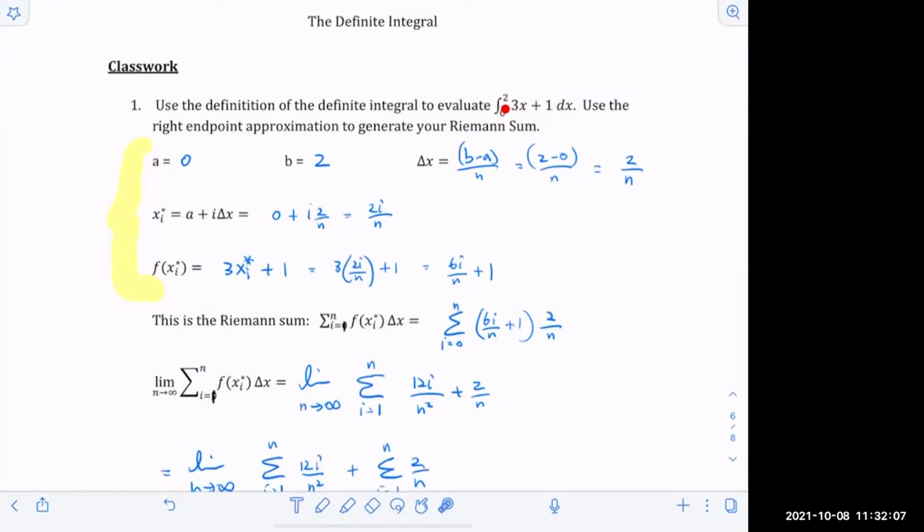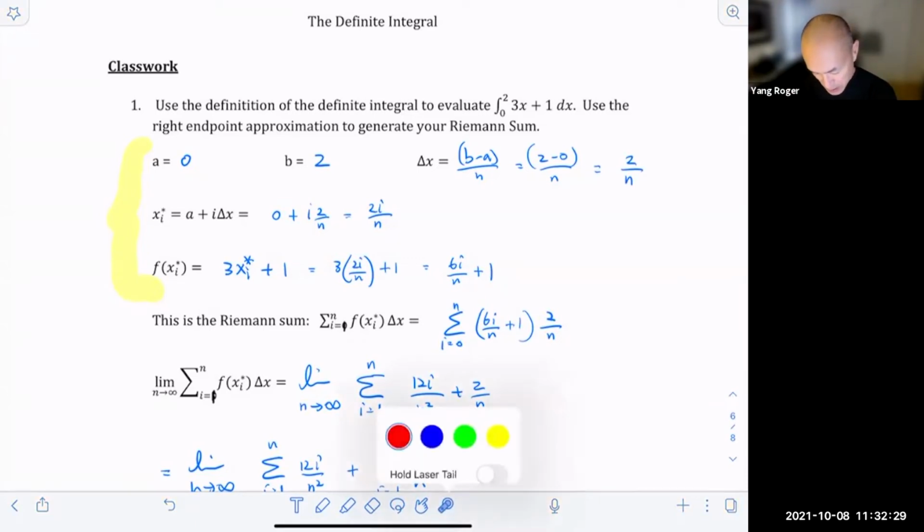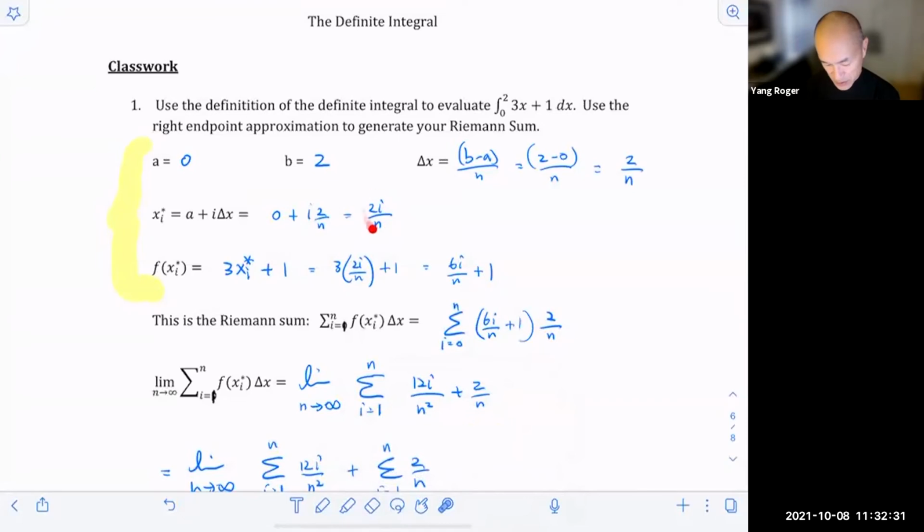Yeah. So because we're using the right endpoint, for the very first rectangle, it's not going to be that left endpoint. It's going to be the right endpoint. So the very first xi star should be non-zero. So the very first xi star should be 2 over n.